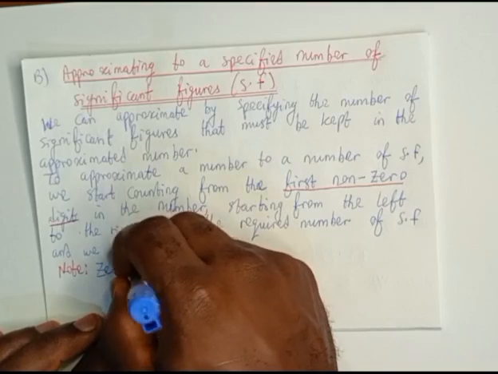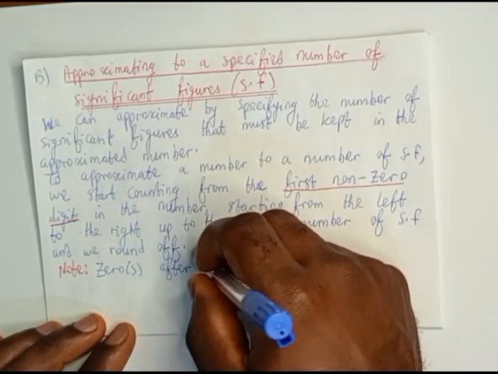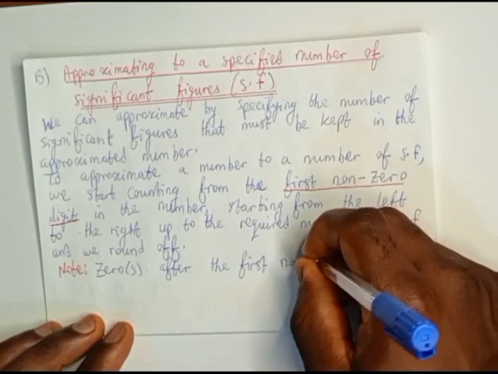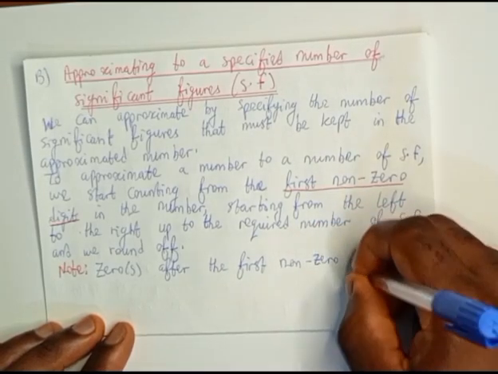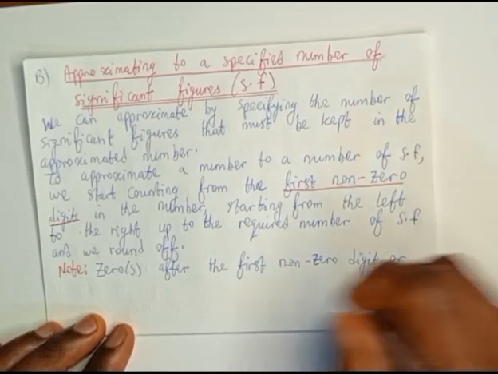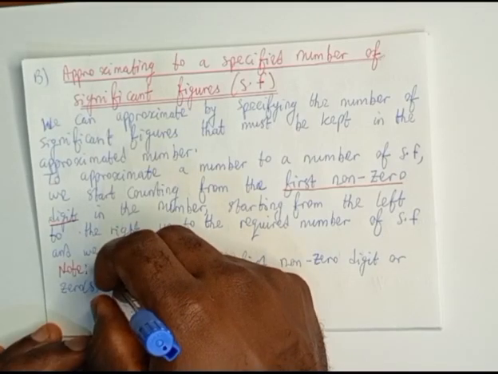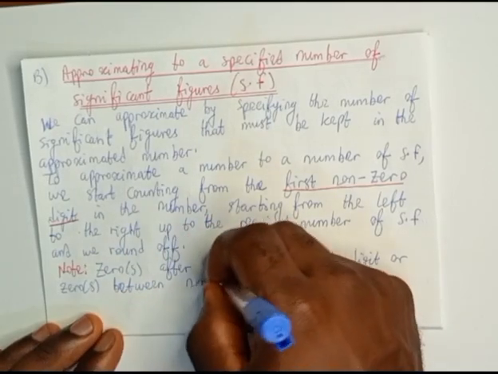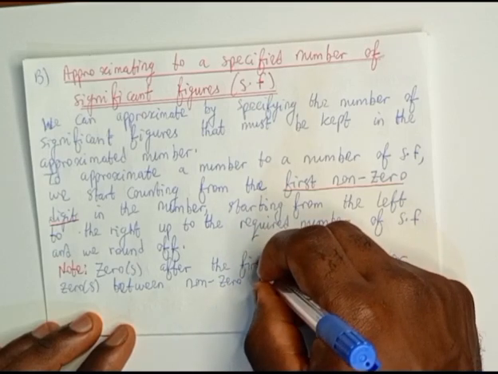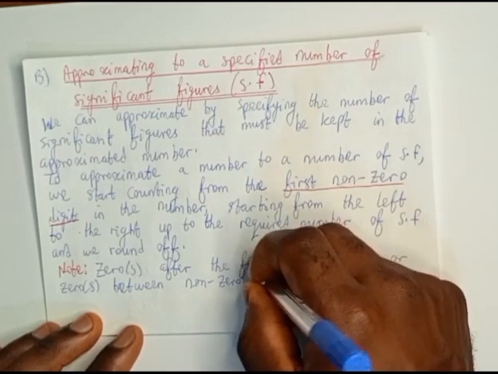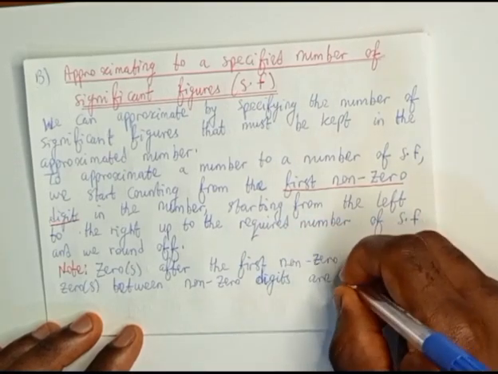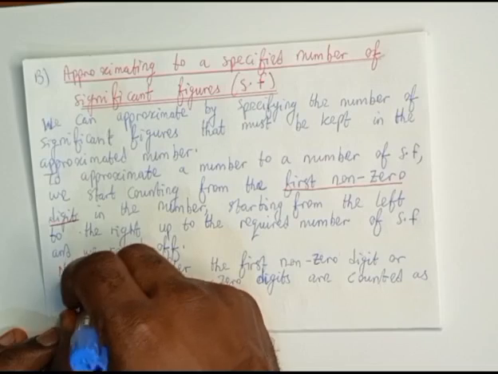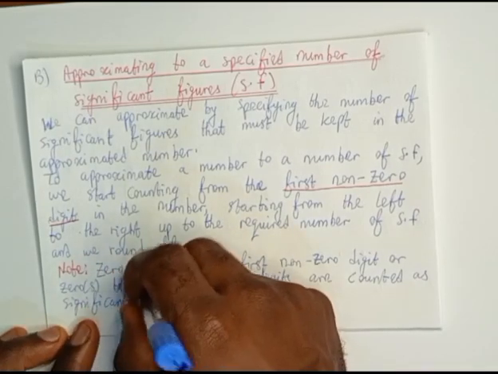Zero or zeros after the first non-zero digit, or zero or zeros between non-zero digits, are counted as significant figures.